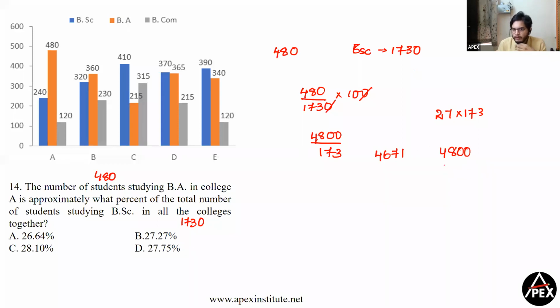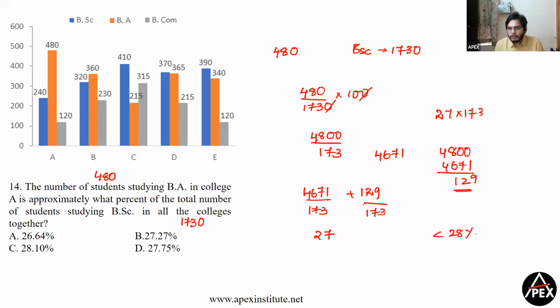So, what is the difference? This is 9, this is 2, and this is 1. So, I will be writing 4800 as 4671 plus 129 by 173. So, I can say that the percentage will be greater than 27% and less than 28% for sure, isn't it?